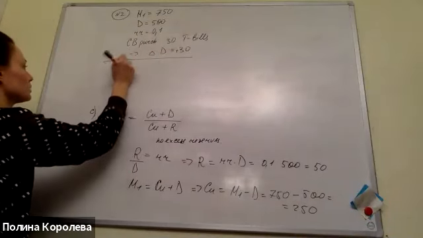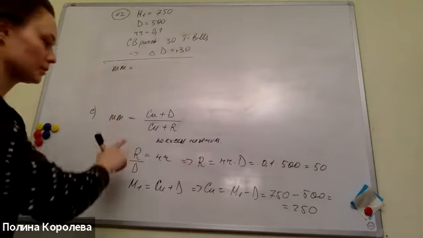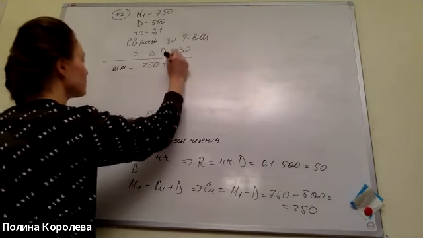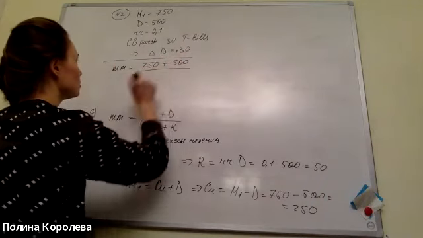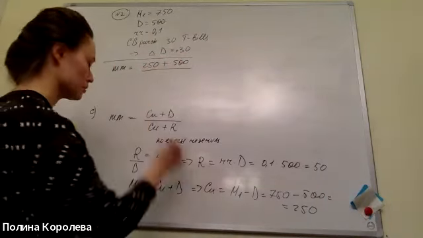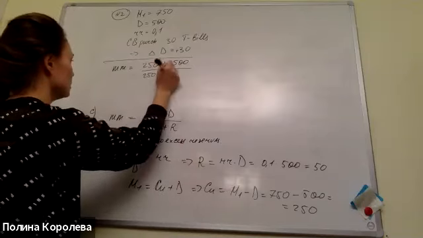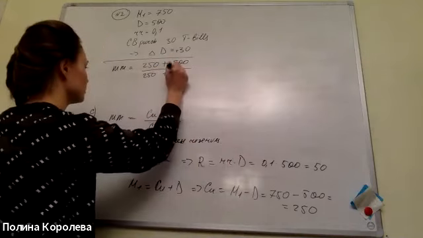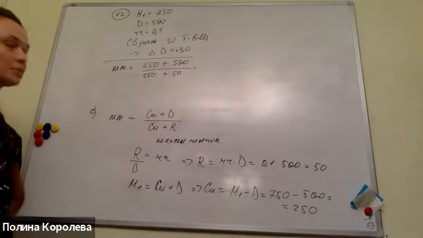So money multiplier will be equal to currency 250 plus deposits 500 over currency 250 plus reserves. Reserves we counted 50. This is equal to what?